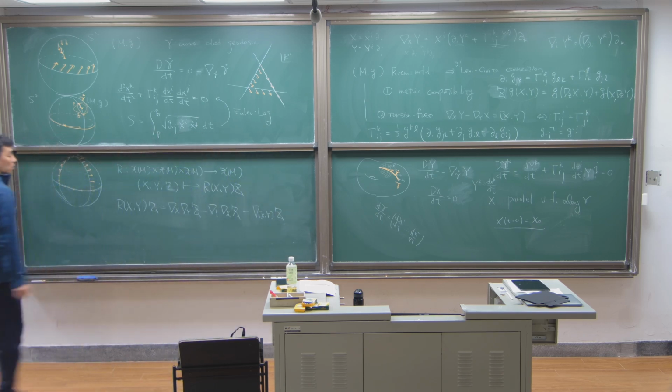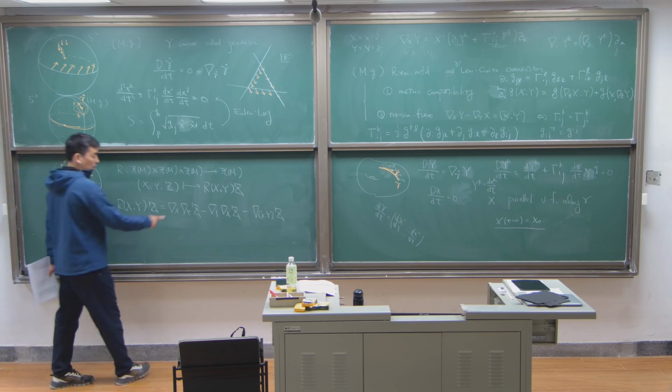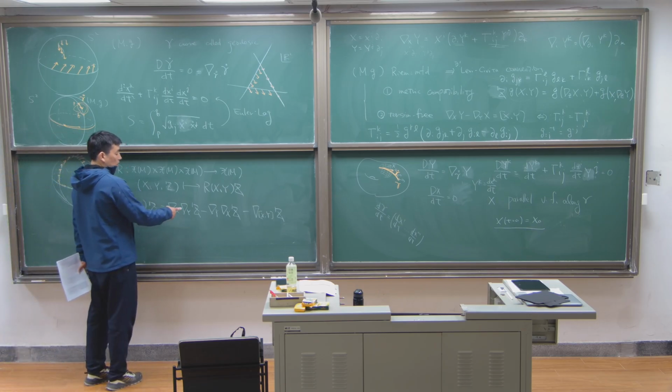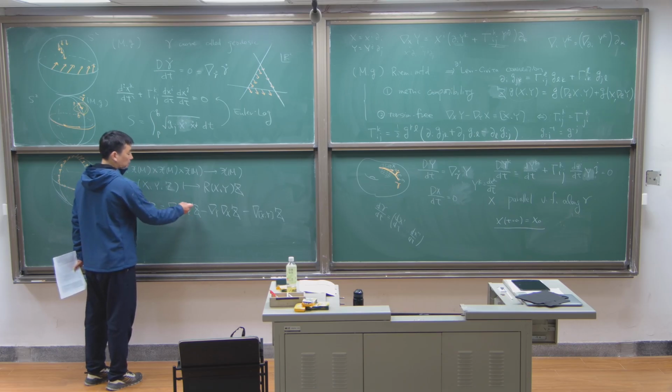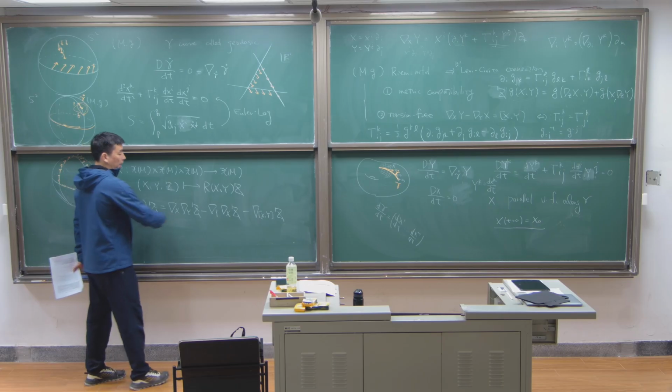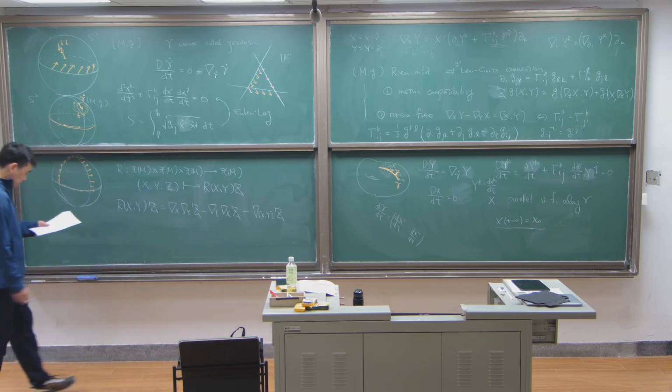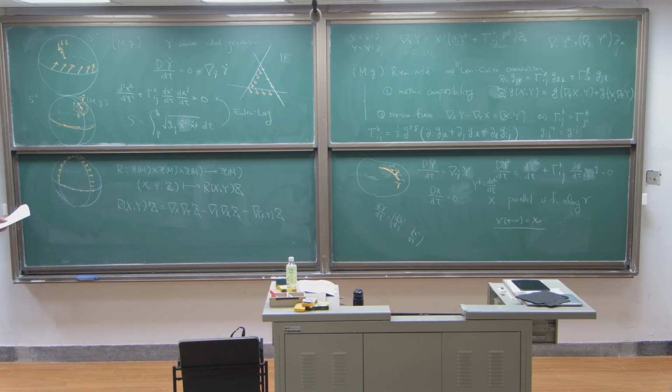Like this. Okay. So if the connection acts on a vector field, you get another vector field. Again, you can act with another connection on the vector field, you get another vector field. And you can swap x and y, and then act on it, and take the Lie bracket and again act on it.